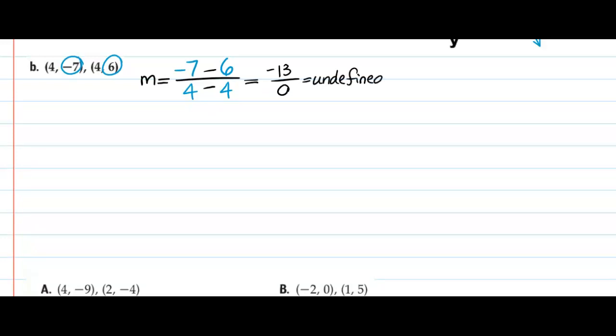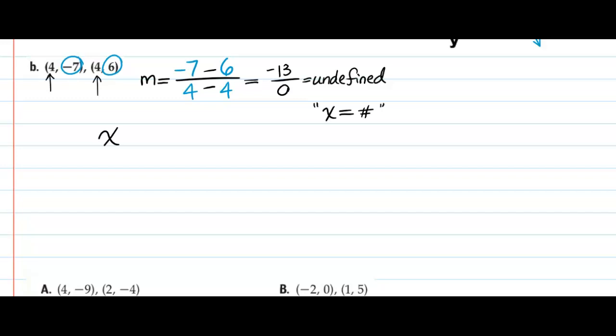Does that mean we can't write the equation? No. We know from step 5 that undefined means x equals some number. Well, what does x equal? Well, let's look back. What does x equal in the first point? 4. What does x equal in the second point? 4.